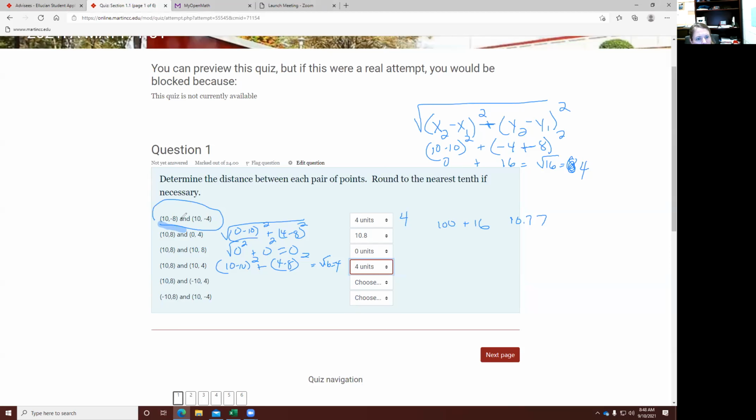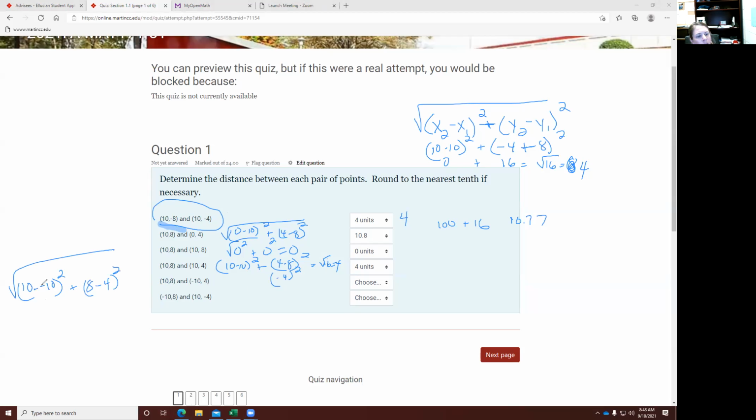Make sure we're doing this right. 10 minus 10, -4 minus -8. Yep. All right, and then 10 minus 10, and then 4 minus 8 is going to give you a -4, which is squared, which is square root of 16. All right, and then let's do this one. 10 minus -10 squared plus 8 minus 4 squared.